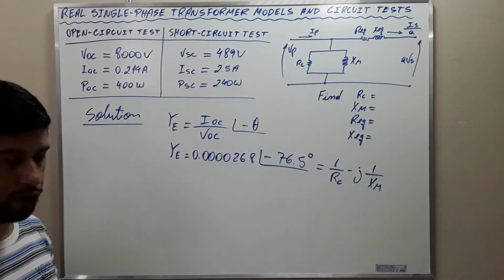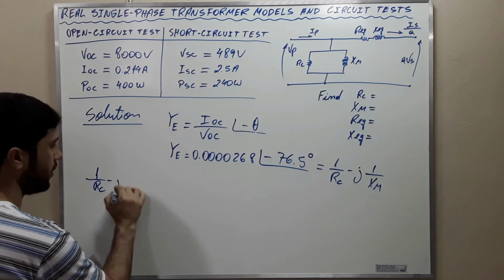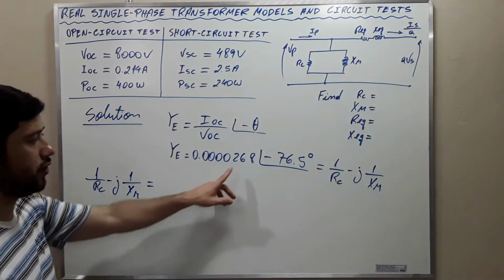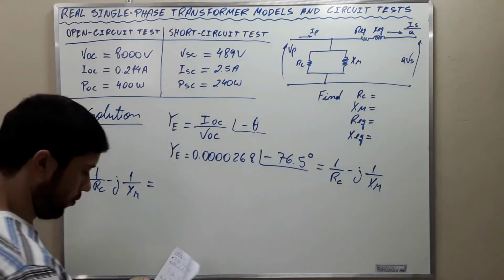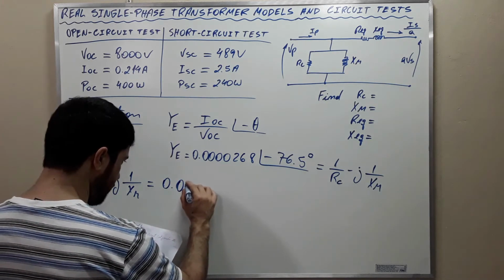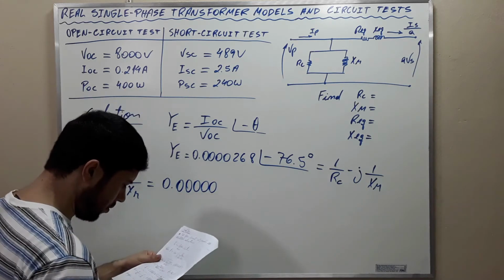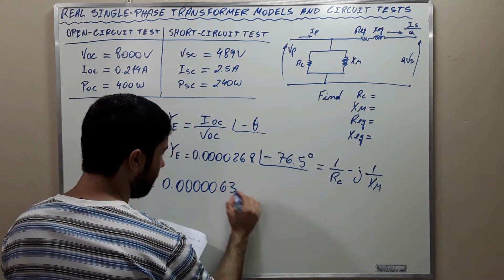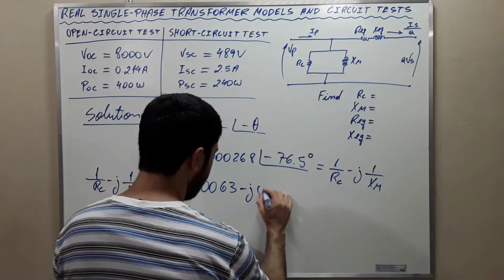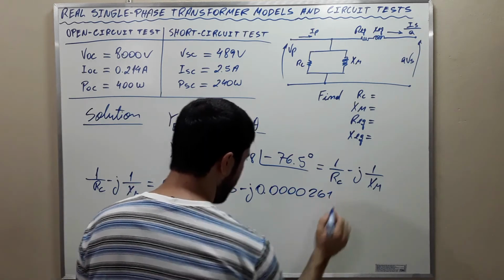Okay, we're going to do this. 1 over RC minus J 1 over XM will be equal, converting this to the Cartesian form, we get 0.0000050 minus J 0.0000261.